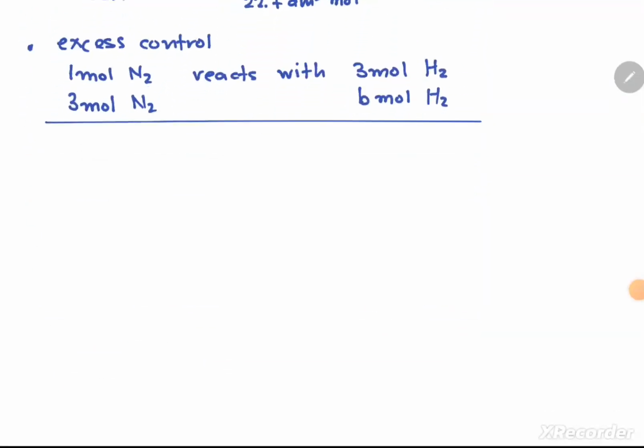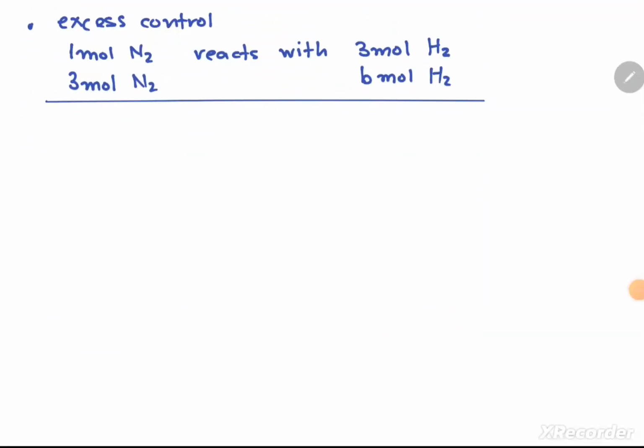So we have to solve the ratio and find the x moles of hydrogen. We find 9 moles of hydrogen are reacted.